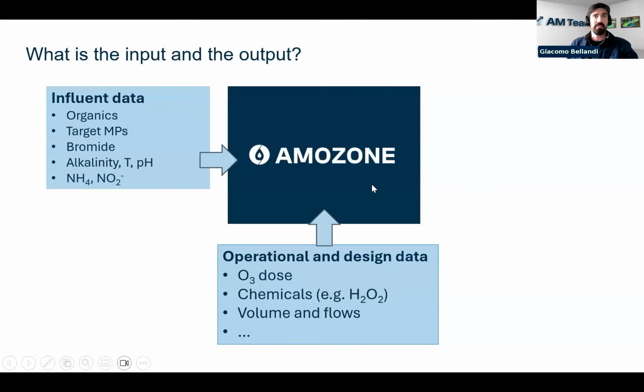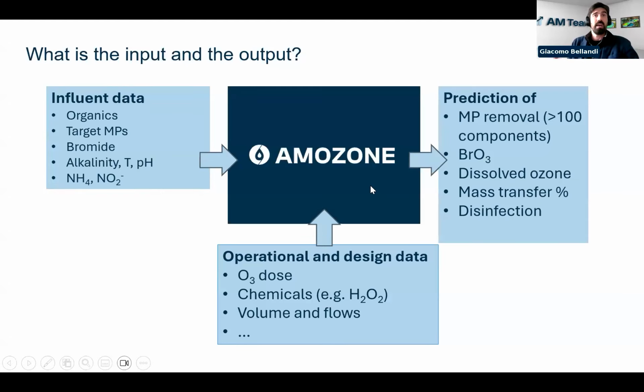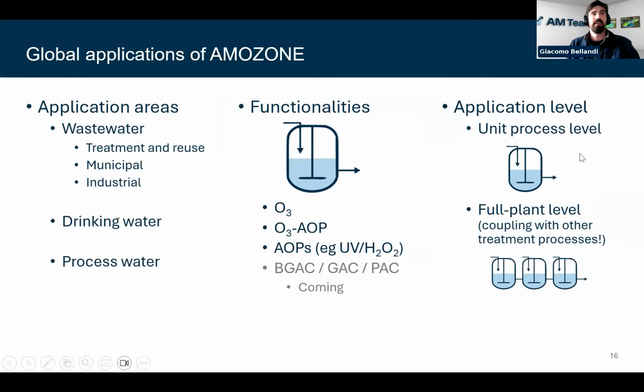These type of data are fed to the AMOZONE model, and typically what comes out is the micropollutants removal, an estimation of the bromide formation, how much dissolved ozone I can expect, because I might be interested in disinfection as well, among others, like information on how to size your generator or your diffusers package or your injection system. Right? This is more for design. So this is in general how you can feed and what you can expect from the AMOZONE.